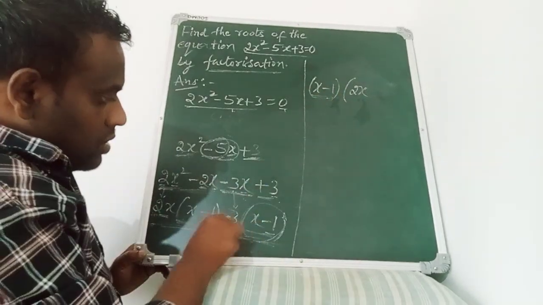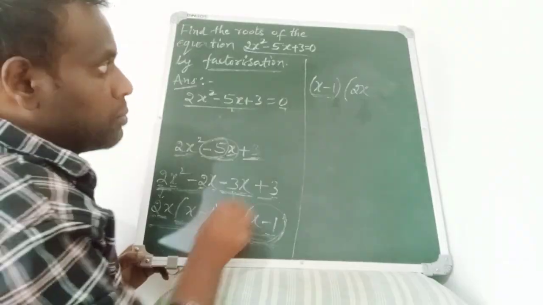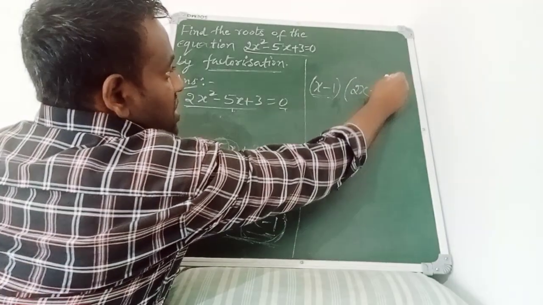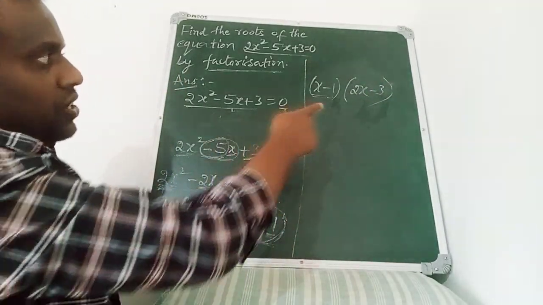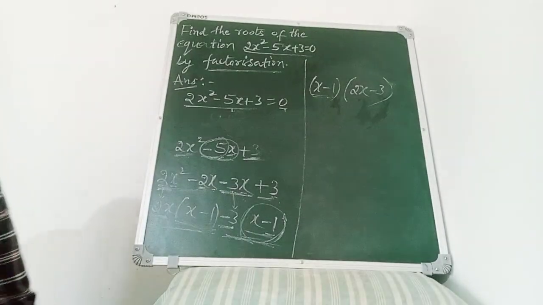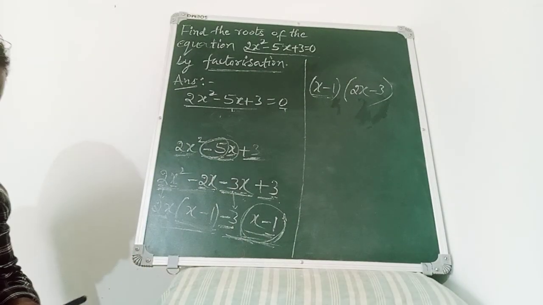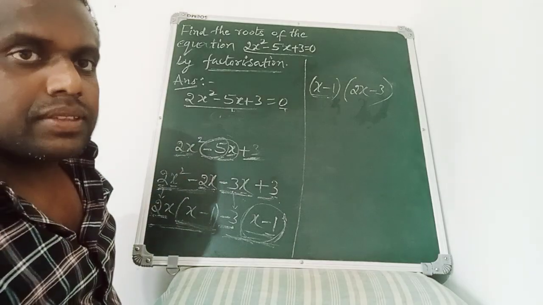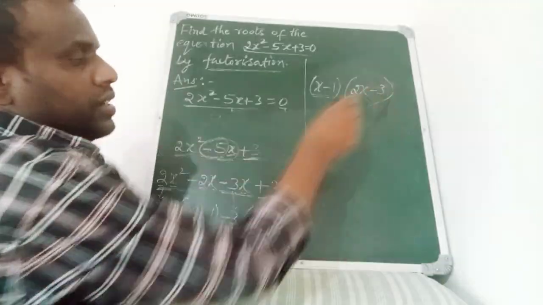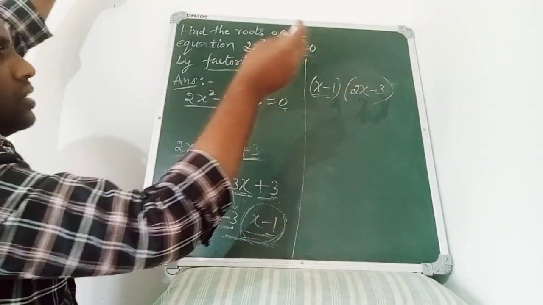What is left? Minus 3 is left. Write that minus 3 right here. I hope you understood. You got it right till now. Till here it's very important.